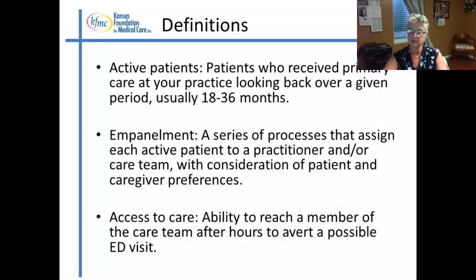In many practices, this is done by patients stating who their primary care provider is. And access to care is generally ensuring that your patients have access to a care team member or someone with access to their medical record after hours. We are going to be talking about each of these in more detail throughout the presentation.